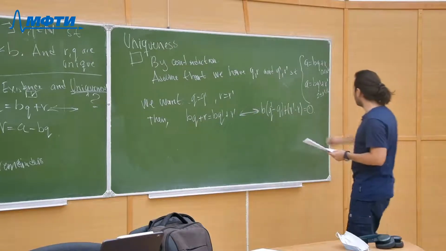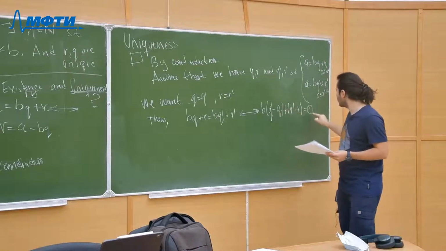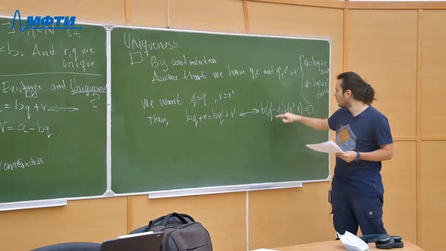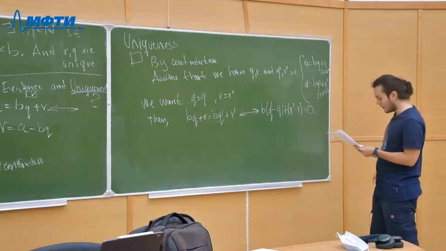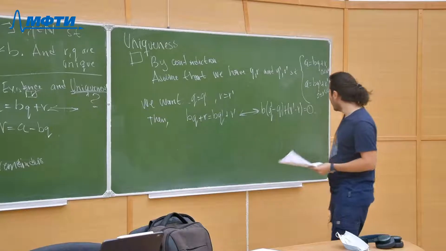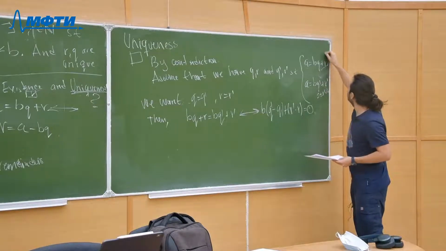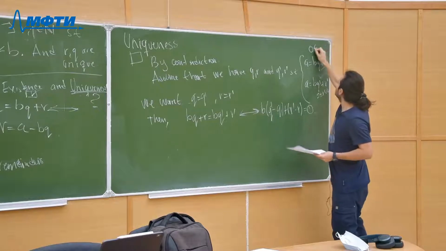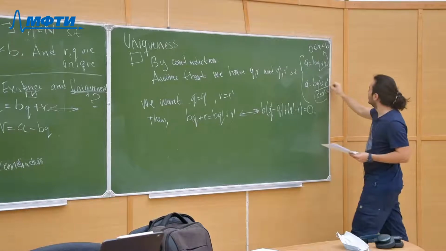Okay, so we obtain this. Somehow we need to show that this is true if and only if they are equal, so q prime is equal to q and r prime is equal to r. And we have this condition here. So let me write this condition better here. We have 0, r, and b, and we have the same condition here.